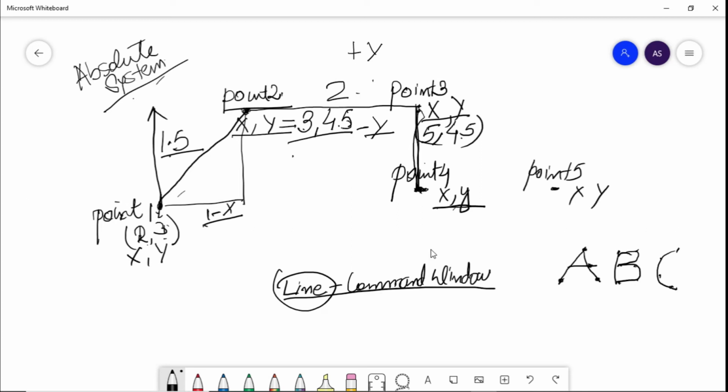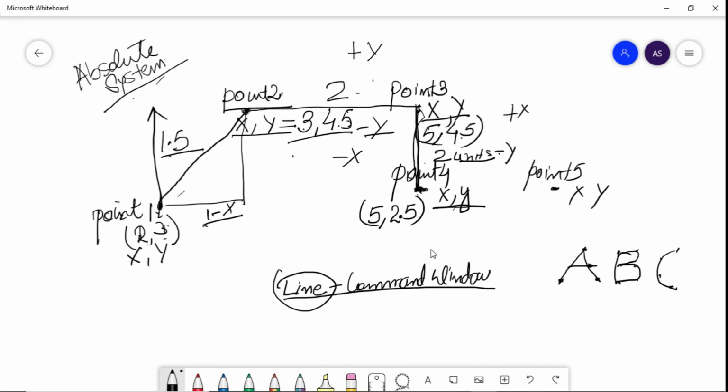Now to reach this point, if we are watching a drop in the value of y, then you can suppose a distance of 2 units dropped in the value of y. So there is no movement in the direction of x, neither in the positive x nor in the negative x. Now from this point to this point, the value of y has become 2.5, so the point is 5 comma 2.5.